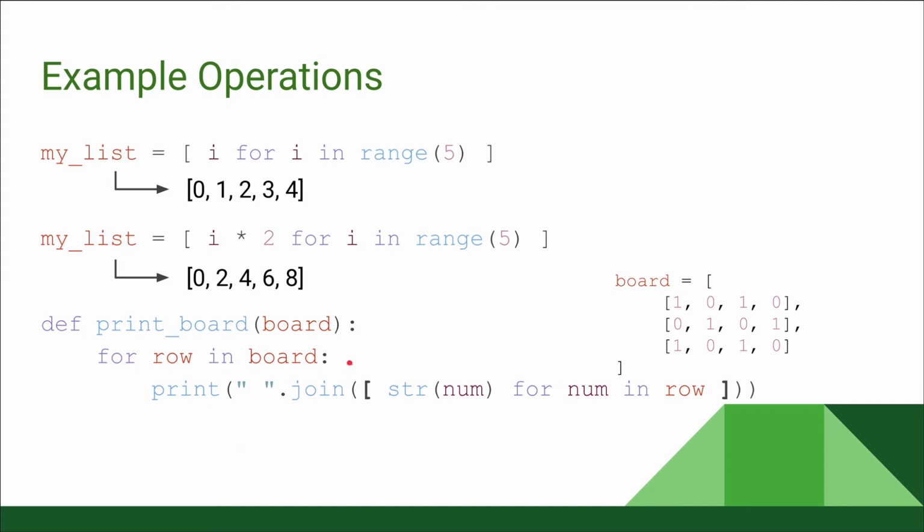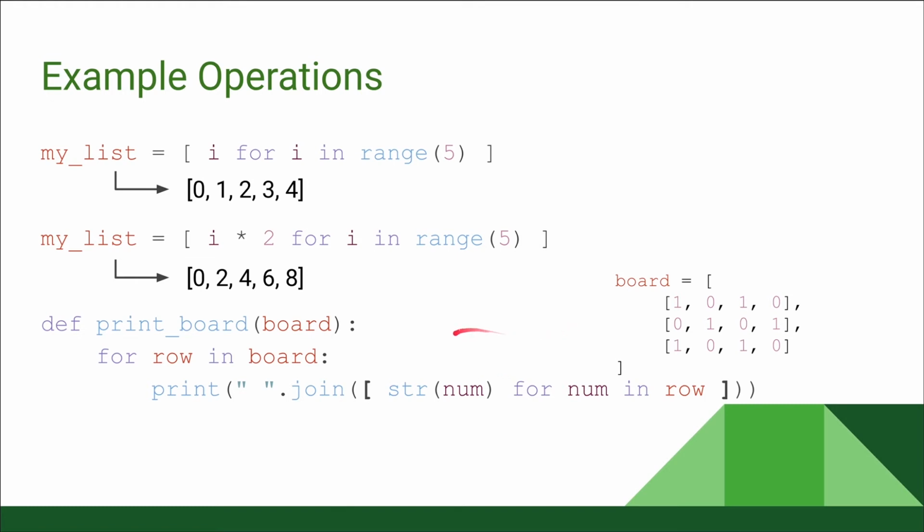However, the join function only works when each element in the list is a string, and our board is comprised of rows of integers. So what we need to do is make a list copy of that row where that copy has the same values except as strings instead of as integers.